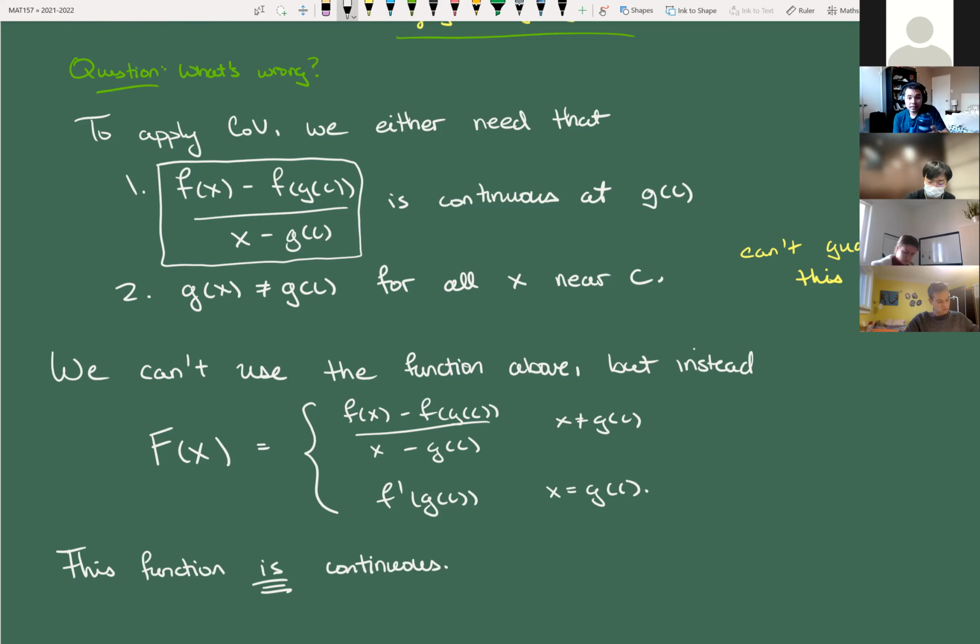And it's almost exactly equal to that function above. The only difference is what actually happens at the point x equals g of c.